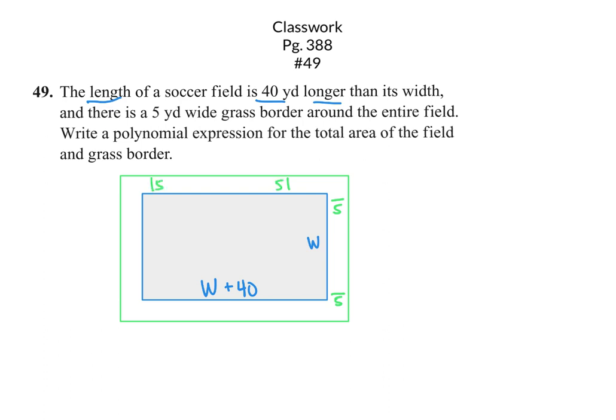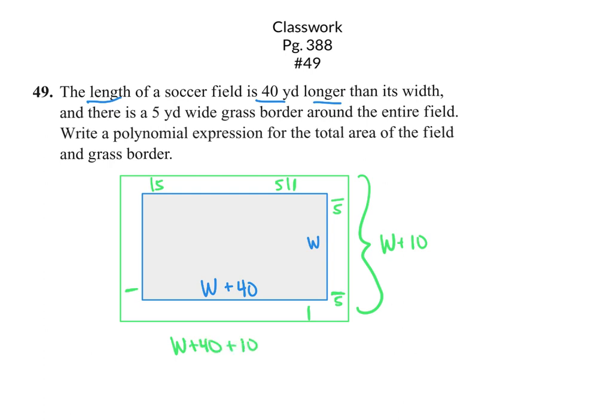So what happens is this width has this 5 and this 5 to worry about, right? So the width of the whole thing is going to be what? W plus 10, right? This length has this 5 and this 5. So I have a length that is going to be W plus 40 plus another 10, right?